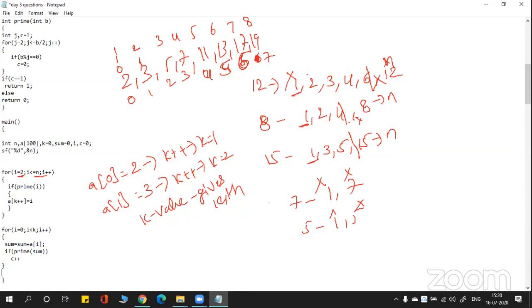So what are the things we are missing here? What did we miss? What conditions should we add in this? Any answers?